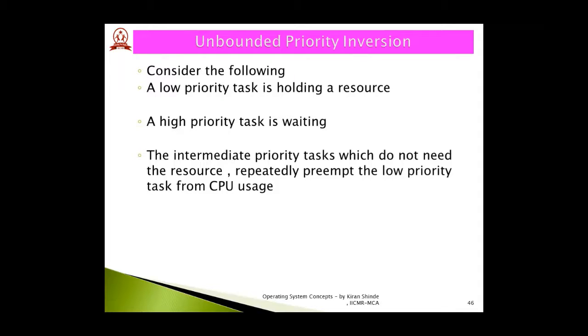So they repeatedly preempt the low priority task from CPU usage. They are not at all needing the resource acquired by the low priority task, but still they want to execute certain other operations, for which they preempt the low priority task from the CPU.